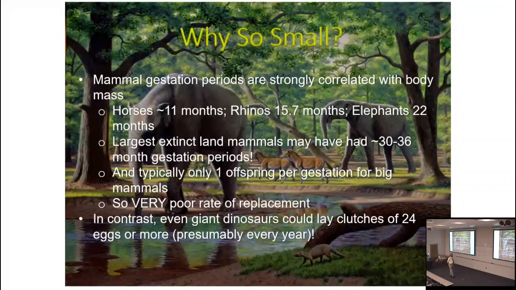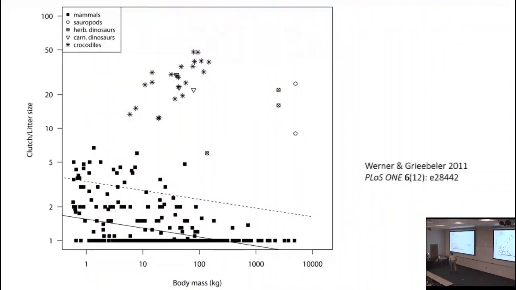So they have a much bigger standing crop to sort amongst, and a much easier way of having replacements. And here we could see litter size or clutch size of crocodilians and various dinosaurs against body size, and we see mammals peter out down to just 1 at around over a ton.